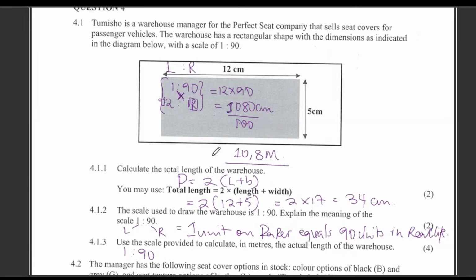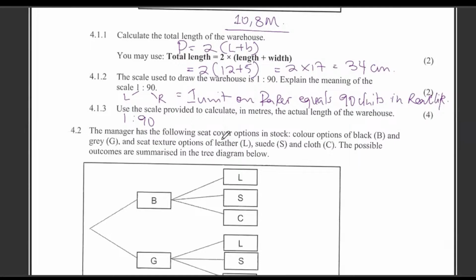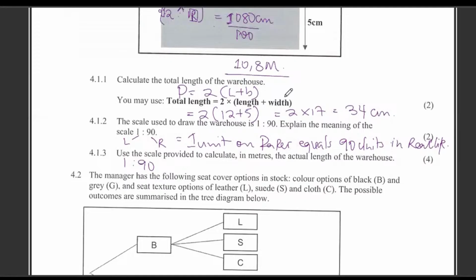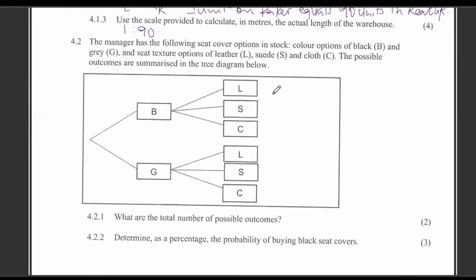Okay, let's come and see, use the scale provided to calculate. We've done that in meters. That's why we divided by 100. Okay, the manager has the following seat cover options in stock. Color options of black and gray. The seat texture options of leather, suede, and cloth.